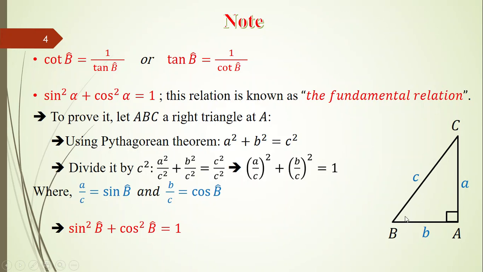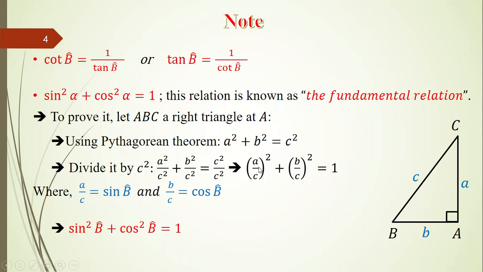If we take ABC as a right triangle, the measure of BC is c, the measure of AB is b, and the measure of AC is a. If we apply the Pythagorean theorem in this triangle, we will have a square plus b square is equal to c square. If we divide by c square, it will be a square over c square plus b square over c square equals c square over c square.